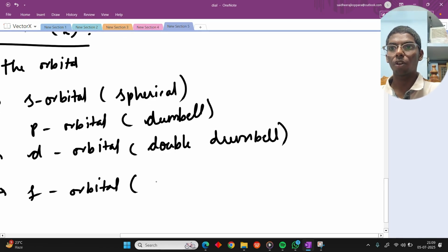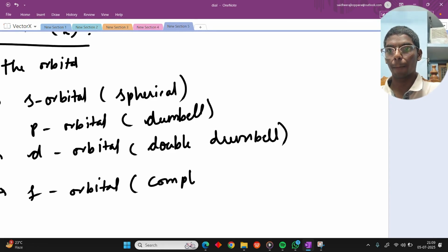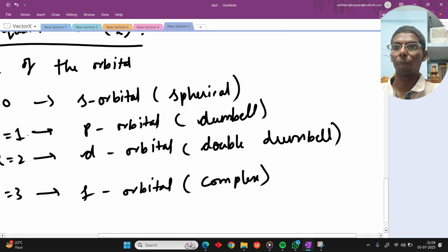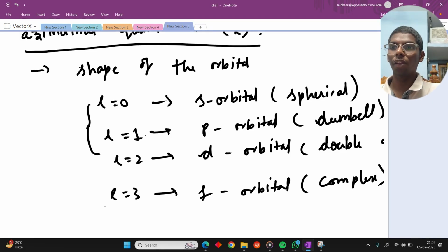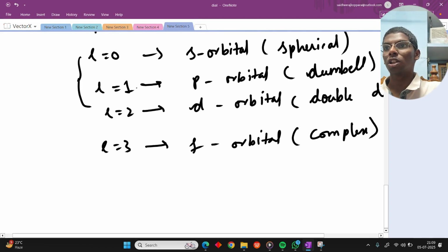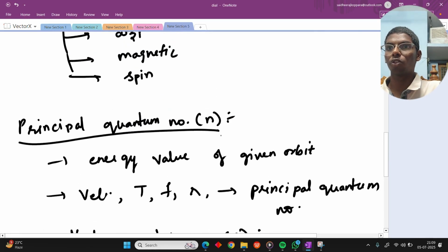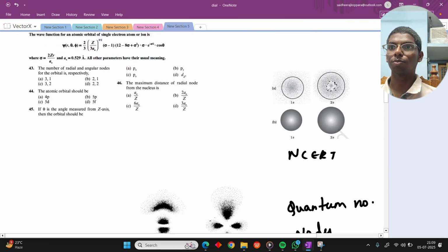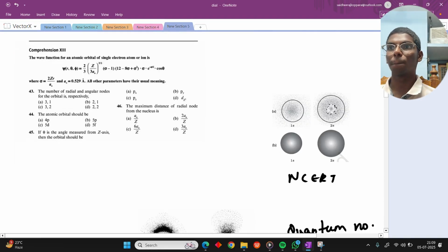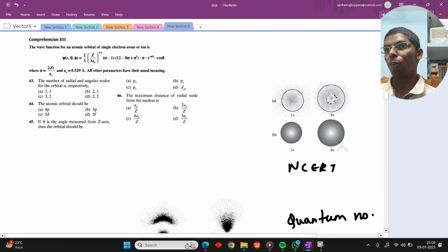The f orbital has a complex shape; we can't draw it on paper. Generally, until the 12th class, we mostly discuss these three, and this will also be discussed. But the further orbitals like g, h won't be discussed. They might ask, but it's not that important.